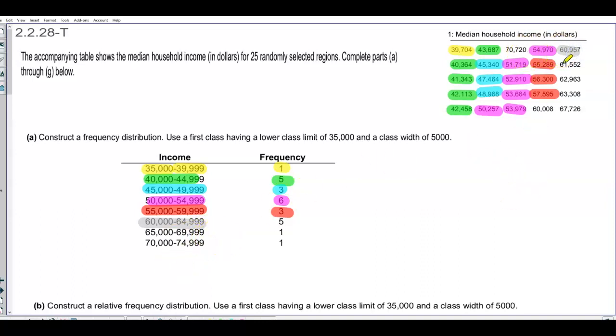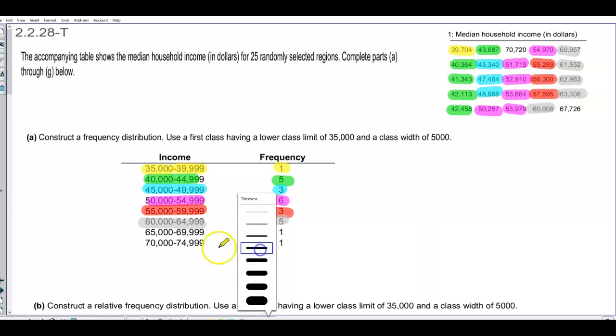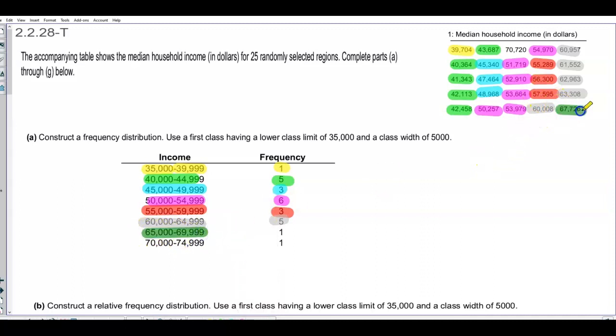So we have 1, 2, 3, 4, and then 5. And 65,000 to 69,999. We have 1. And for the last one, we have 1.